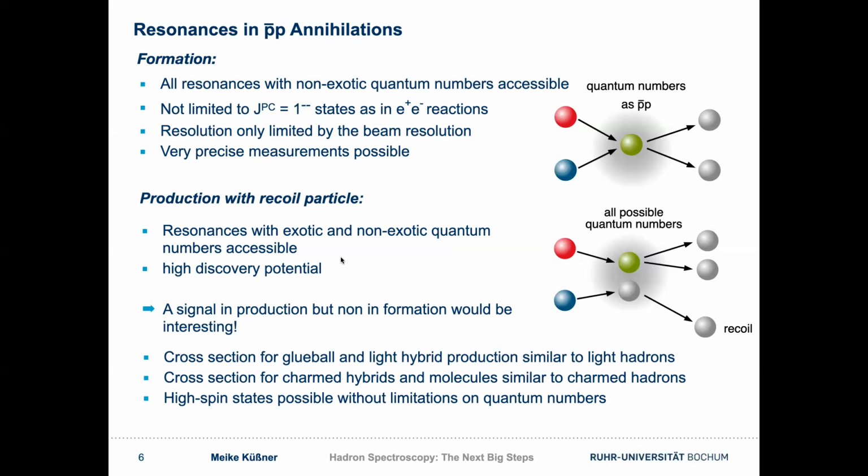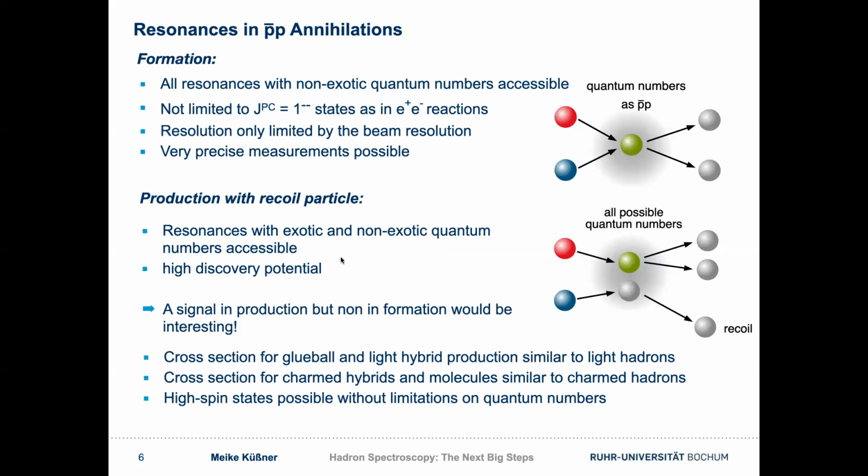On the other hand, there is the production mode, where you can study resonances with a recoil particle. That means you can also access resonances with exotic quantum numbers. And this means there is a high potential for new discoveries. For example, a signal in production, but not in formation, would be very interesting.